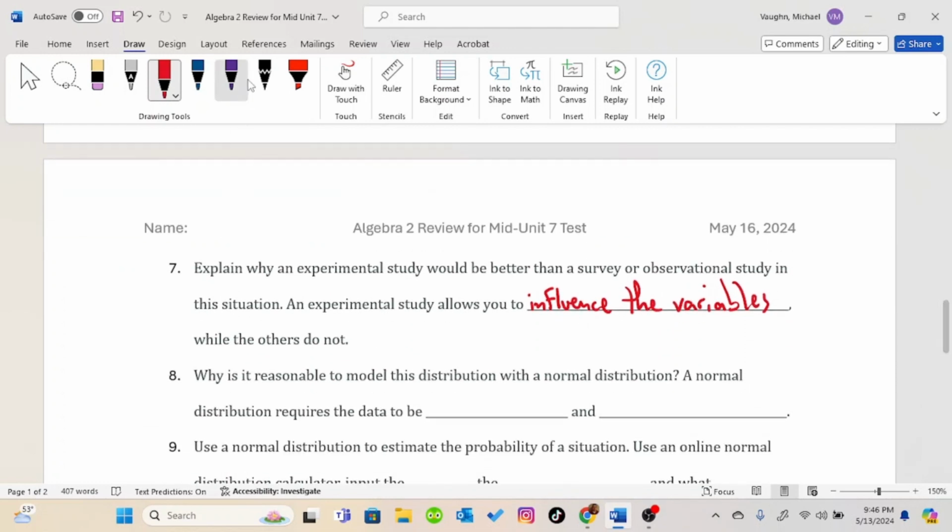Number 8. Why is it reasonable to model this distribution with a normal distribution?